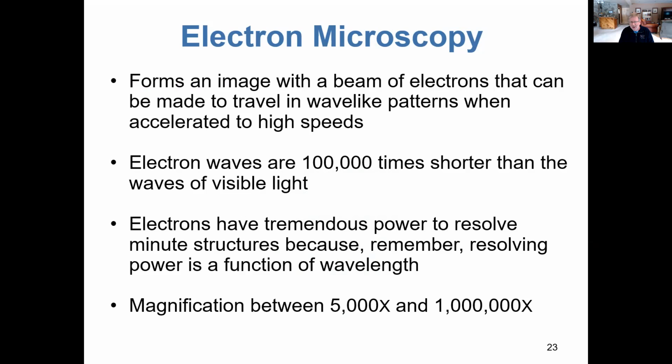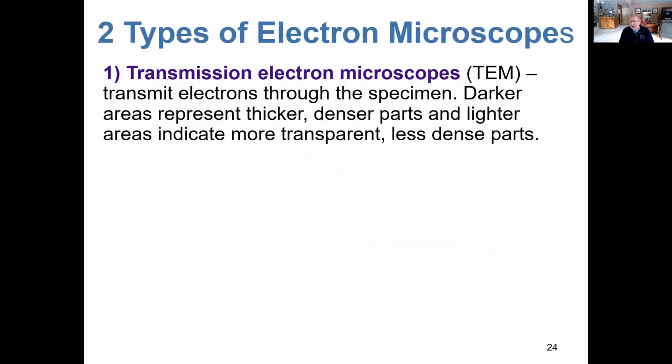And I want to just briefly talk about 2 different types of electron microscopes. The first of which is referred to as the transmission electron microscope, which has the ability to take what's called a TEM, which stands for a transmission electron micrograph. So it's basically a photograph of what the scope sees.